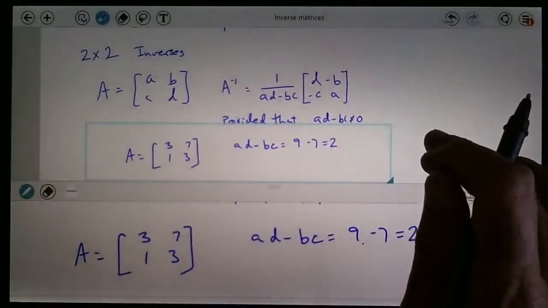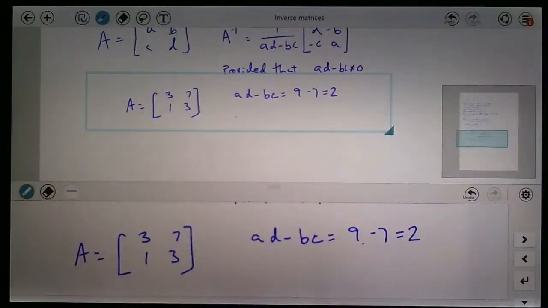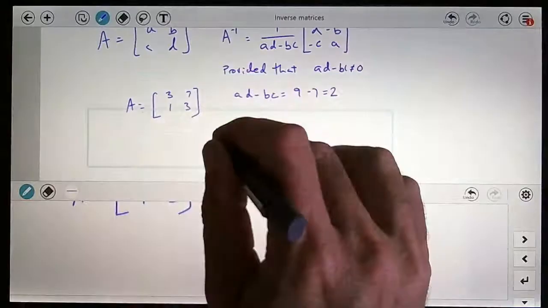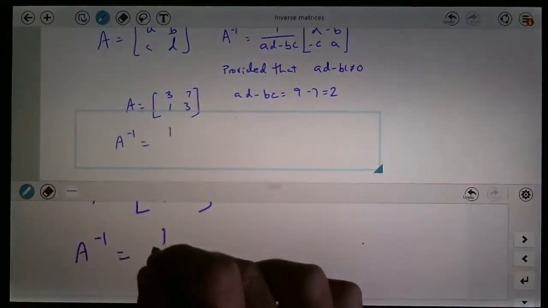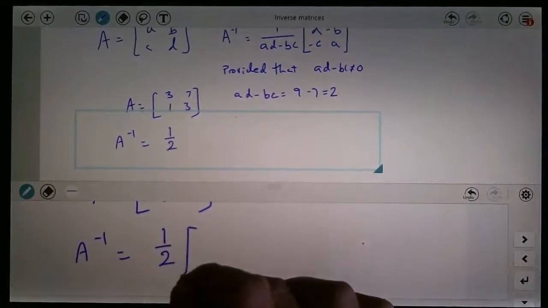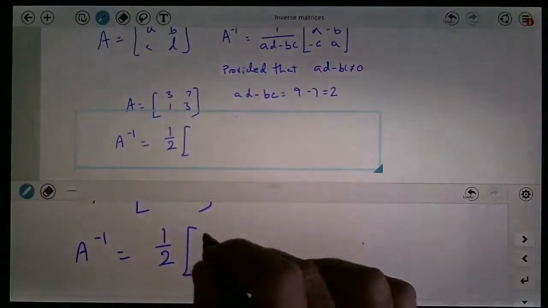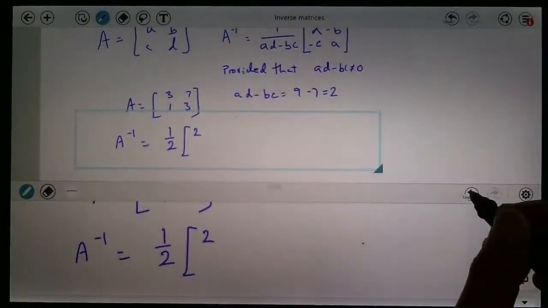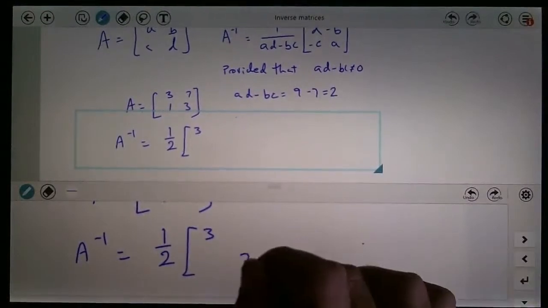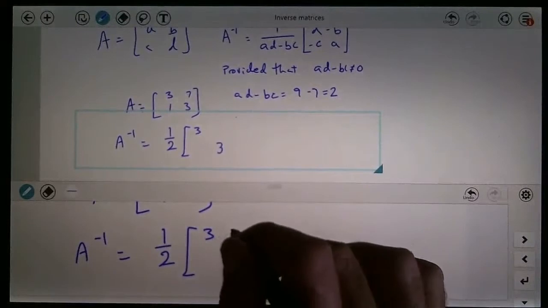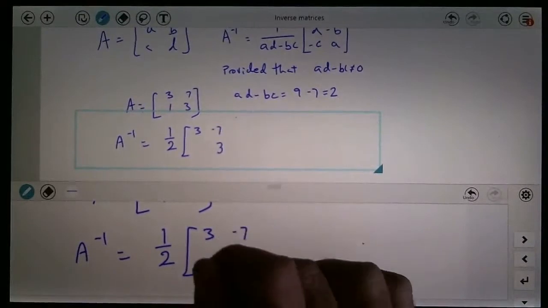So that tells me that A inverse then is going to be 1/2 times, the 3's will swap places. The 3 and the 3 turn around. And the 7 and the 1 stay where they are, but we'll throw a minus sign in front of them.